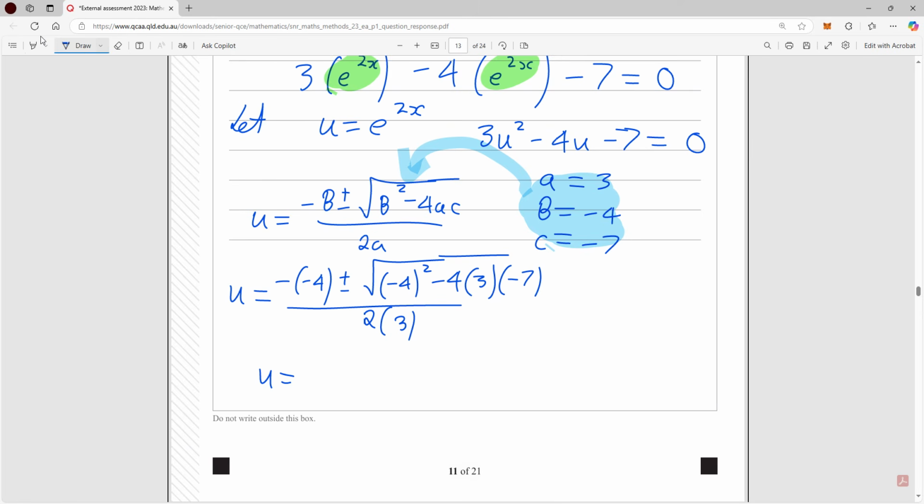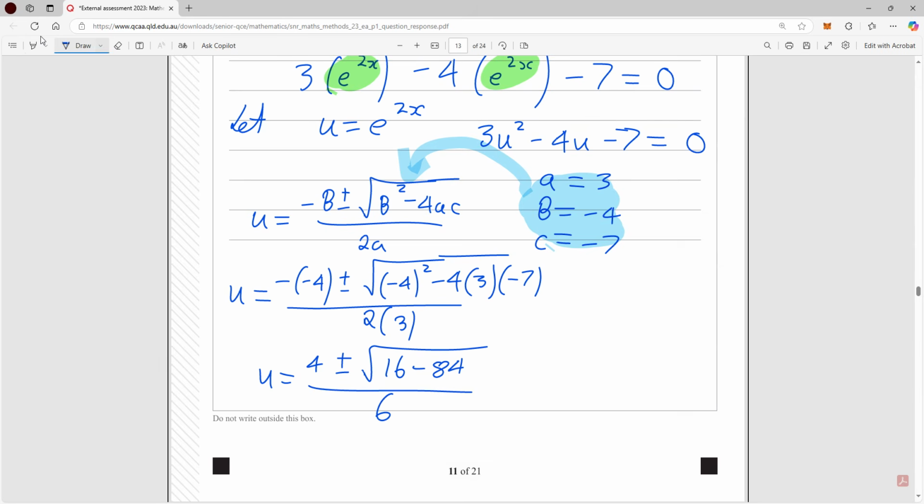So u is going to be positive 4 plus or minus the square root of 16, and let's work this out first. 3 times 7 is 21, and times that by 4 gives you 84. So you're going to have a minus 84 here, all over 6.